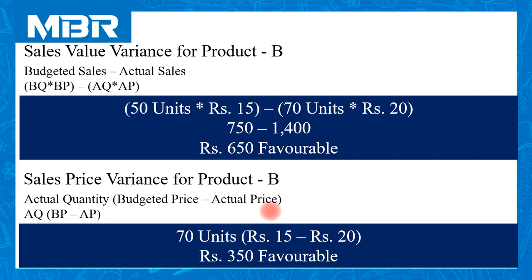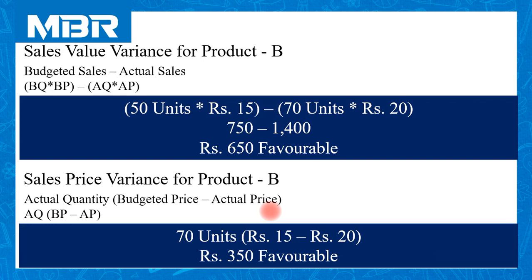Budgeted price for product B is rupees 15 and actual price is rupees 20. In this case, as compared to the budgeted price of rupees 15, the company is able to recover rupees 5 more from their customer. So the difference of rupees 350 is referred to as favorable.